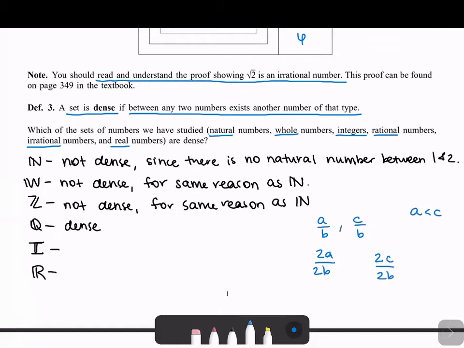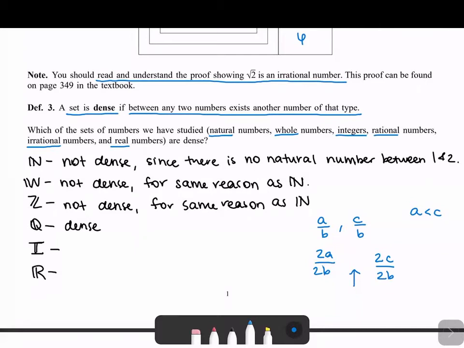These are equivalent fractions. And so we want a fraction to go between them. Well, since a is strictly less than c, just think about an example. You can kind of have motivating examples. So if a is 2 and c is 3, well, 2 times a is then 4, and 2 times c is then 6, and there's always going to be a number in the middle. So as long as a and c differ by at least 1, there's always going to be a number in the middle when you double them, right?